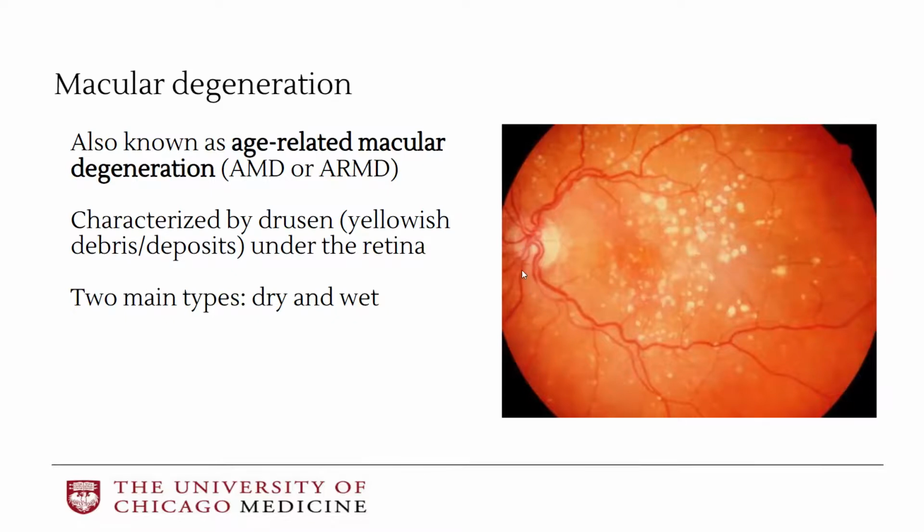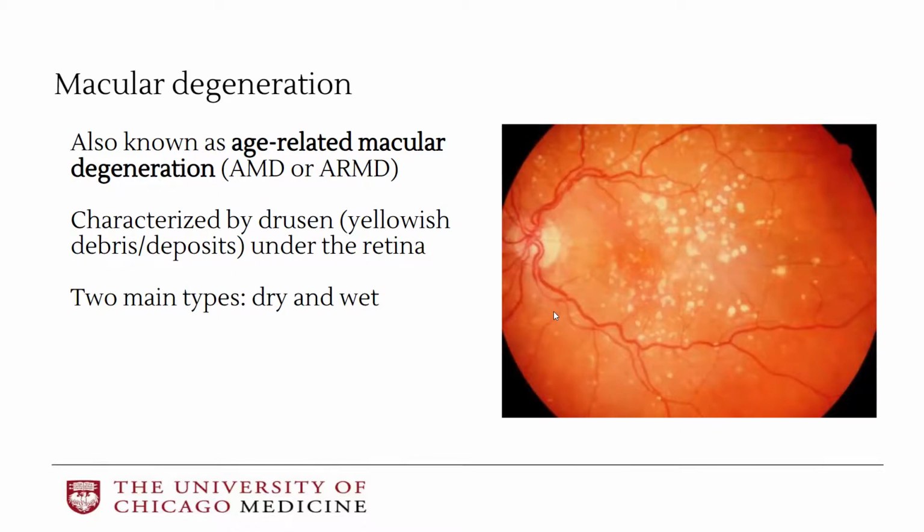The arteries are actually the narrower of the red lines, and the veins are the thicker squiggly red lines. And you might notice to the right of the optic nerve there are these yellow splotches, dots, and those are drusen. So this is a photograph of an eye with macular degeneration, and this is what an ophthalmologist will see when they look at the eye after dilation.